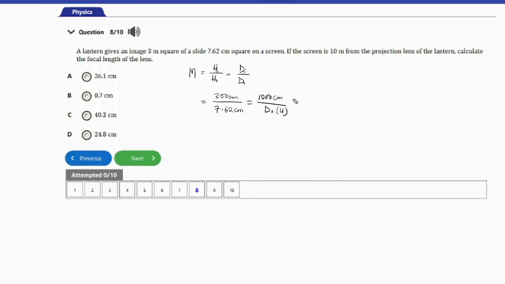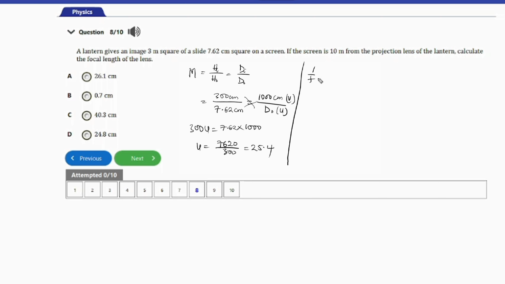So remember that distance of the image is v and distance of object is u. So in this case, let's now find u. In order to find u, we're going to cross multiply this. So 300u is going to be 7.62 times 1000, which is 7620. In that case, u is going to be 7620 over 300, which is 25.4.